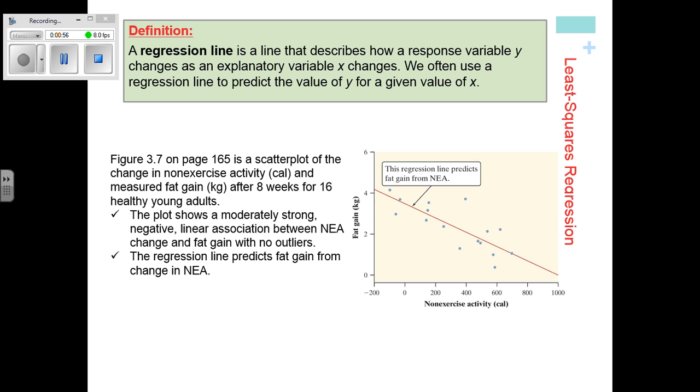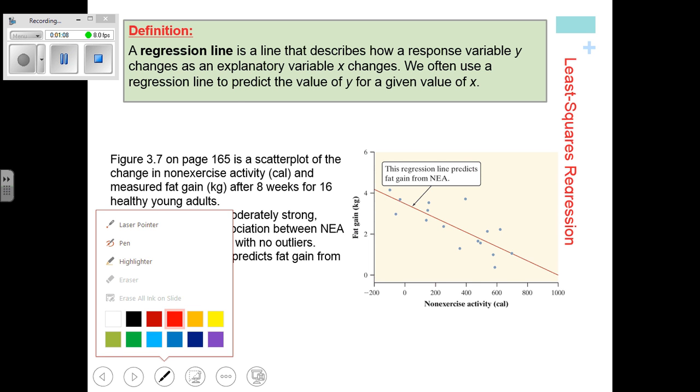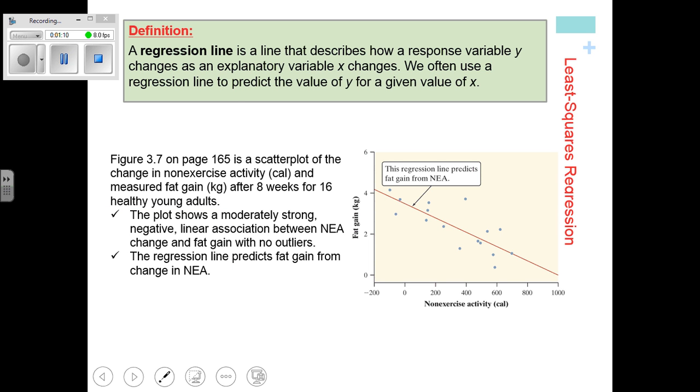So 16 healthy young adults were in the study, and they were fed an unusual amount of food over this time. And as you can see, we ended up with a negative relationship here, and we put in the line of best fit, and it clearly has a negative slope.